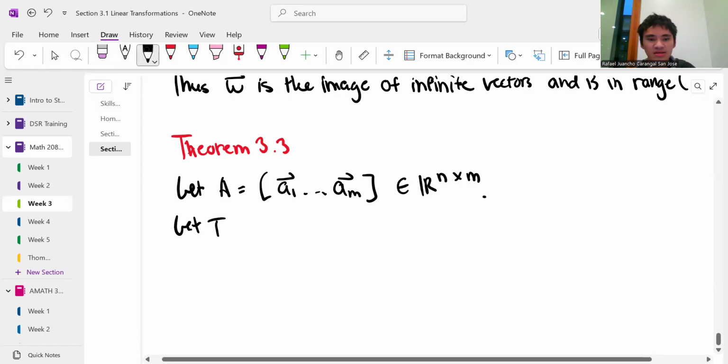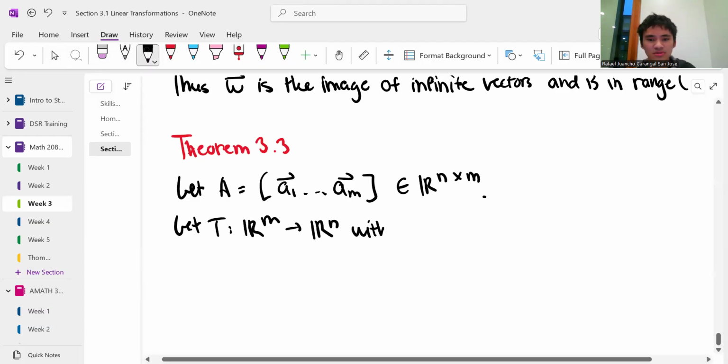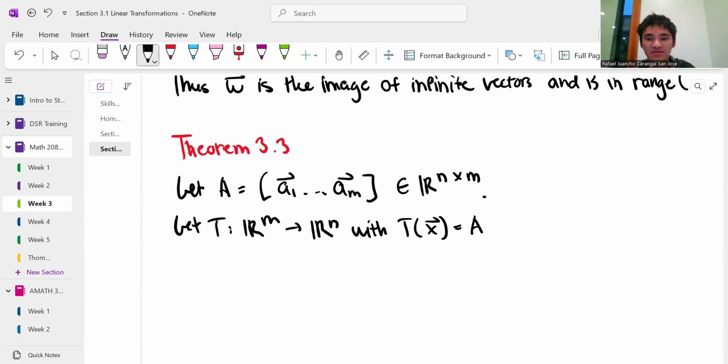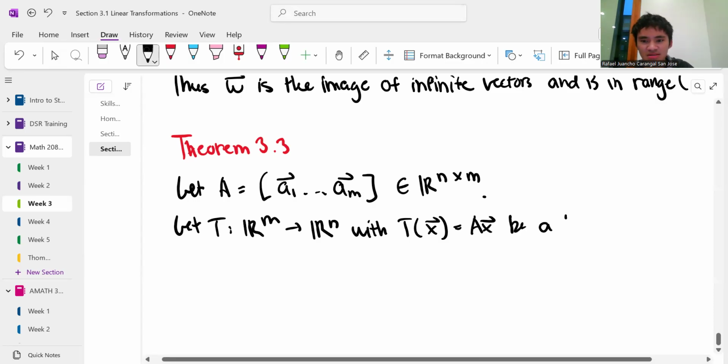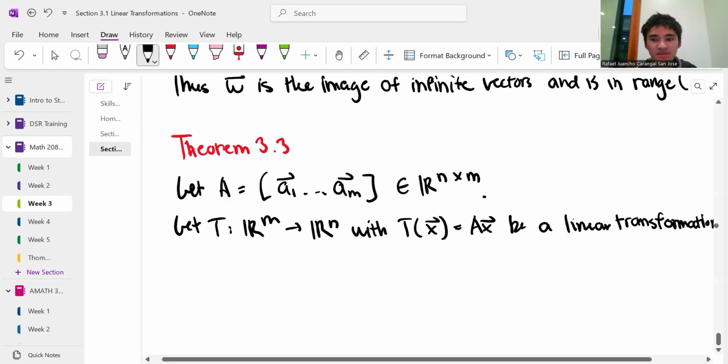We also let T transform from m to n using this idea where transforming it is the same as matvec, or matrix vector multiplication. And we say this is a linear transformation from a theorem. I forgot which theorem it was, but I know it was a theorem.